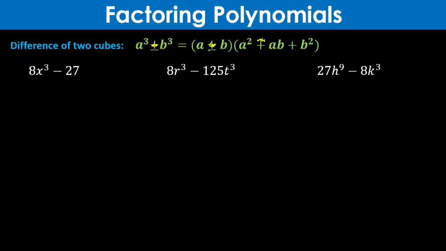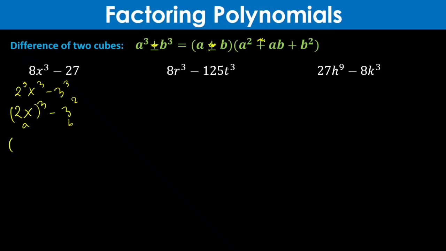Okay, now again we express this as difference of two cubes. That's 2 cubed x cubed minus 3 cubed, and single this out: 2x cubed minus 3 cubed. Our a is 2x and our b is 3.